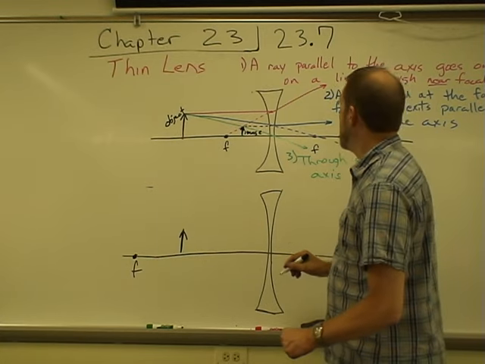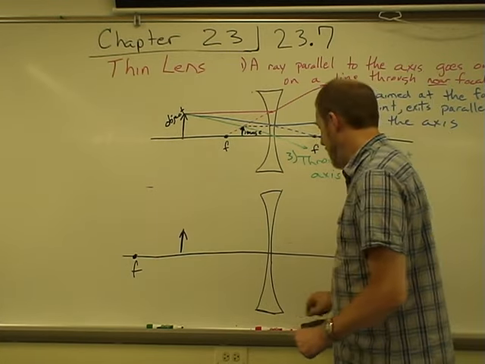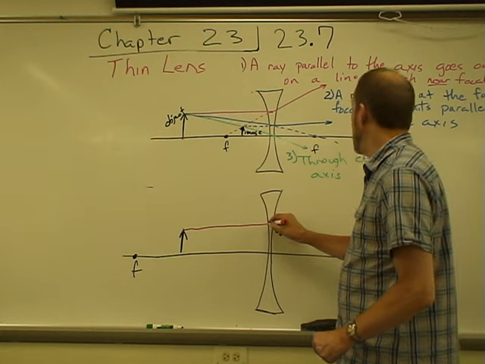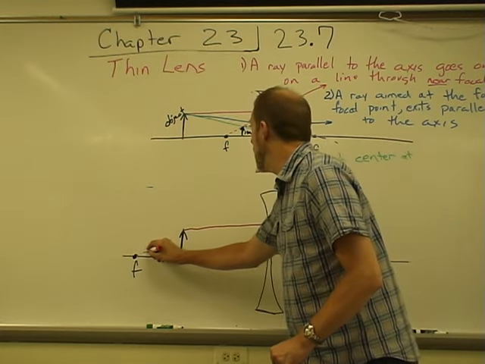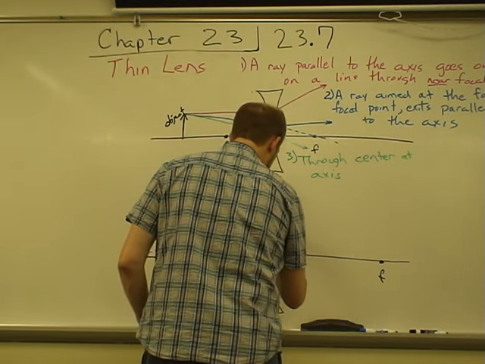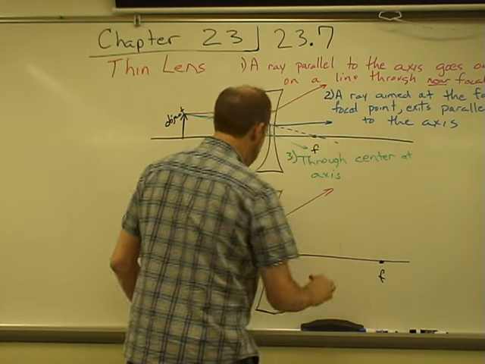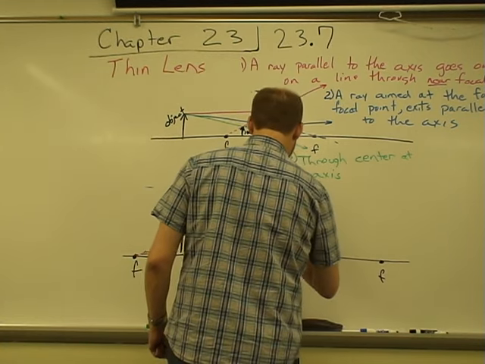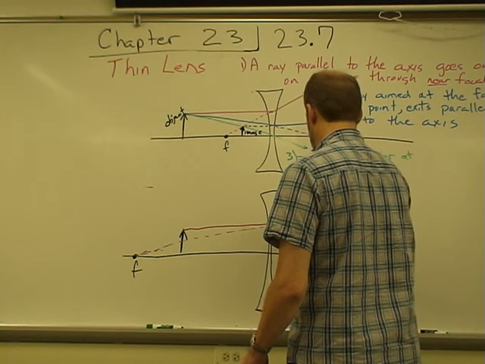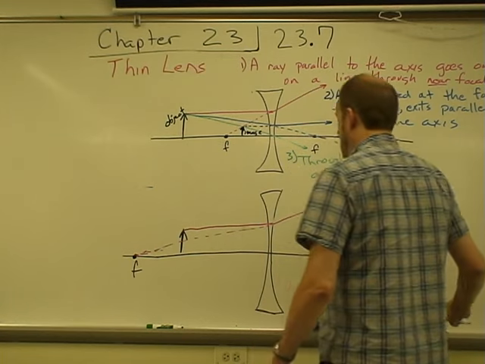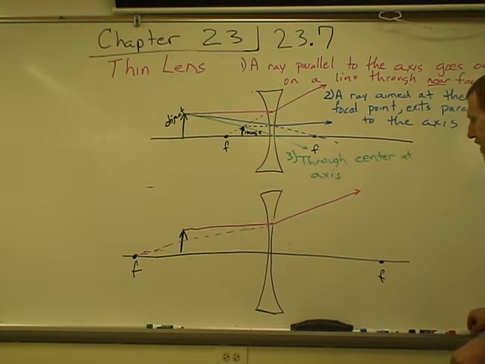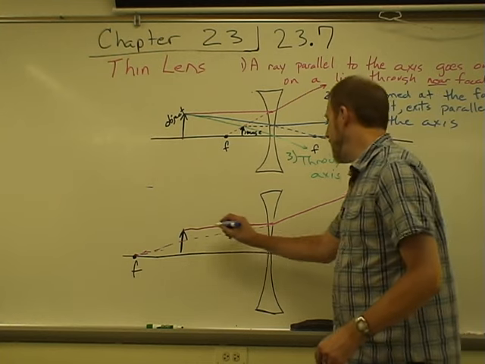If you're inside the focal length, then okay, I have a ray that goes in parallel and comes out on a line with the first focal length.